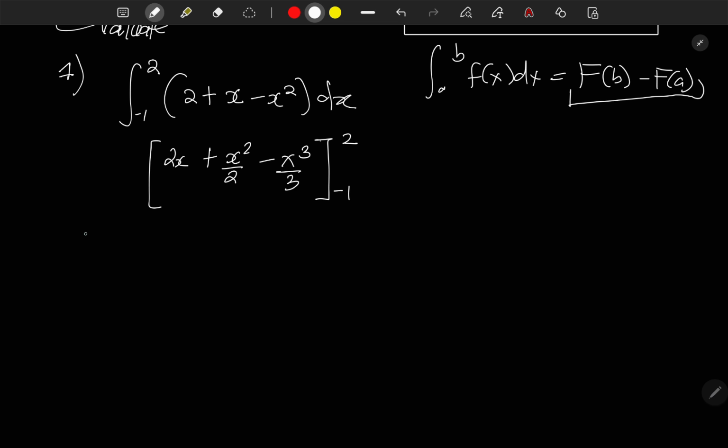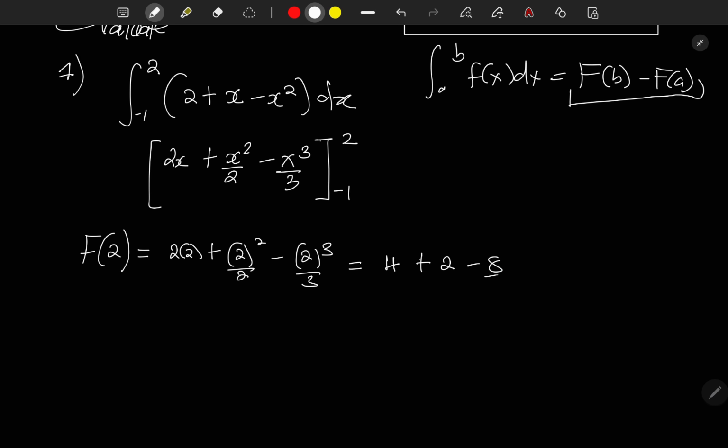Let's first find F of 2. By substituting 2 there, I put 2 in the x squared and 2 in the x cubed over 3. That becomes 4 over 2, which is 2, and 8 over 3, minus 8 over 3. 4 and 2 give 6, so we have 6 minus 8 over 3.